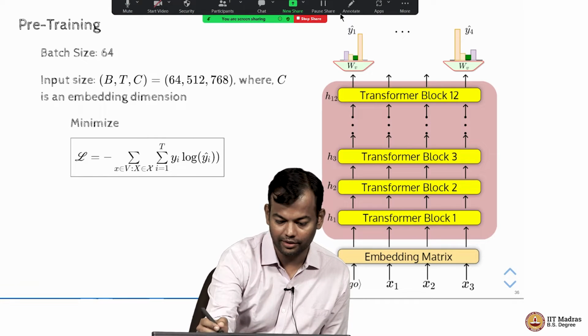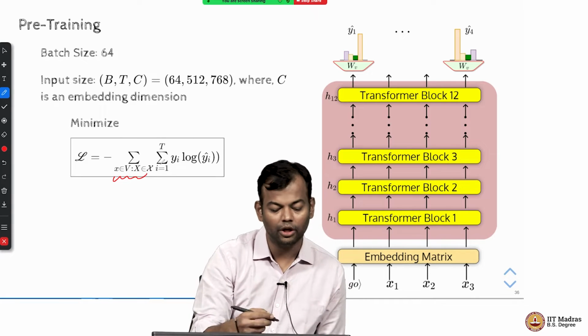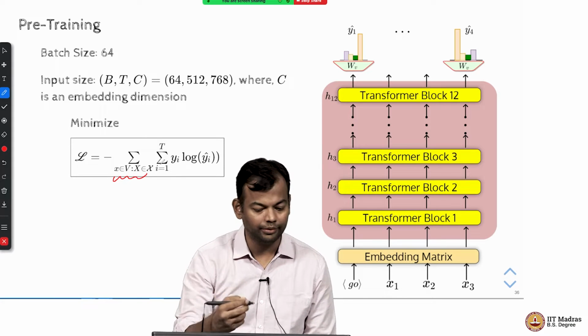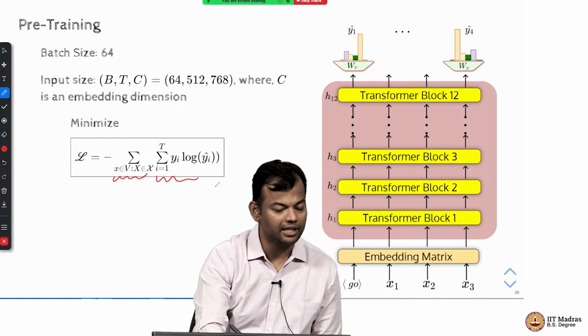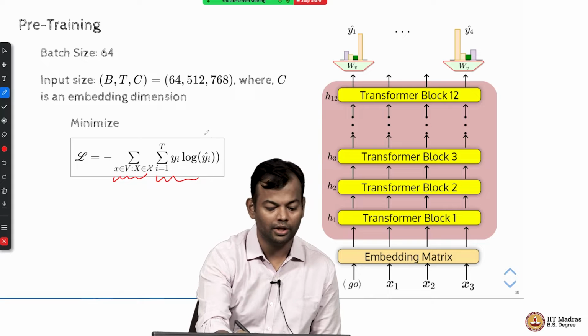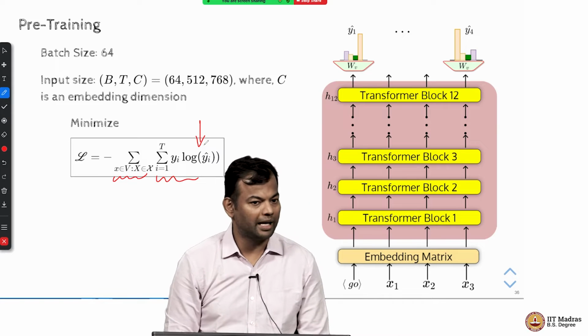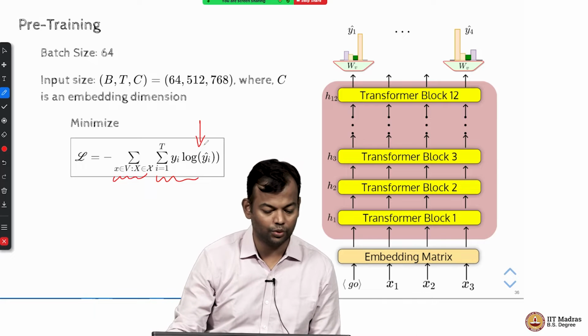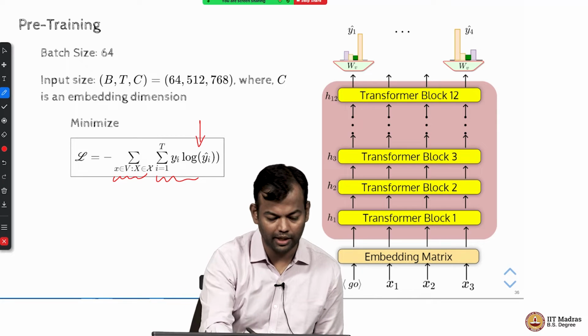And you want to minimize for all the sequences. What this complex notation means, maybe I should simplify that. For all the sequences in your training data, for all the time steps in those sequences, for every time step, you need to maximize this probability. Clear? Okay.